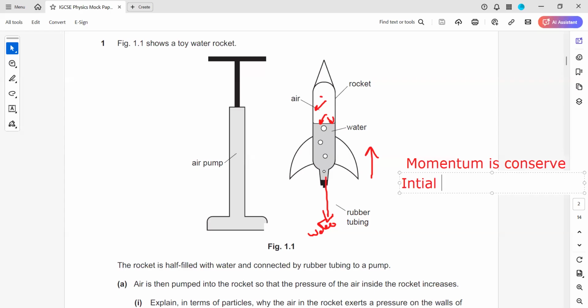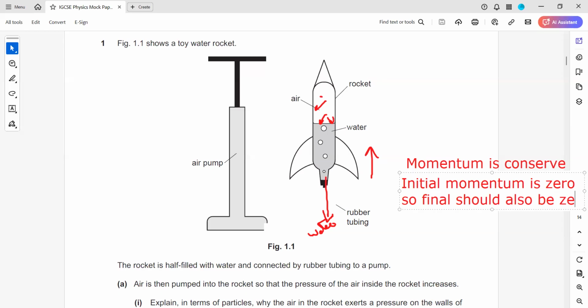So if the initial momentum is 0, the final momentum should also be 0.